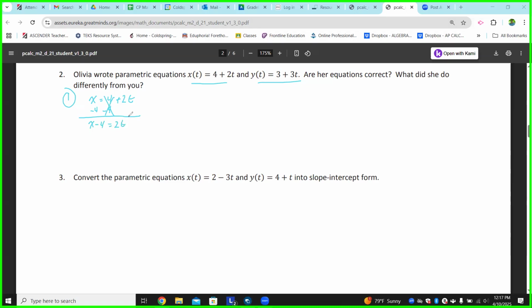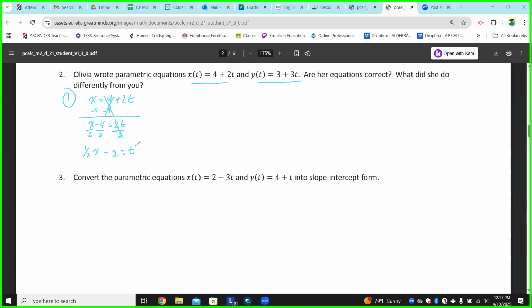What do I do to get t by itself? Divide everything by 2. Now I'm going to rewrite x over 2 as 1/2 x. Are we okay with that? It just looks clean. You can if you want. 4 divided by 2 gives me 2. And now I have t.